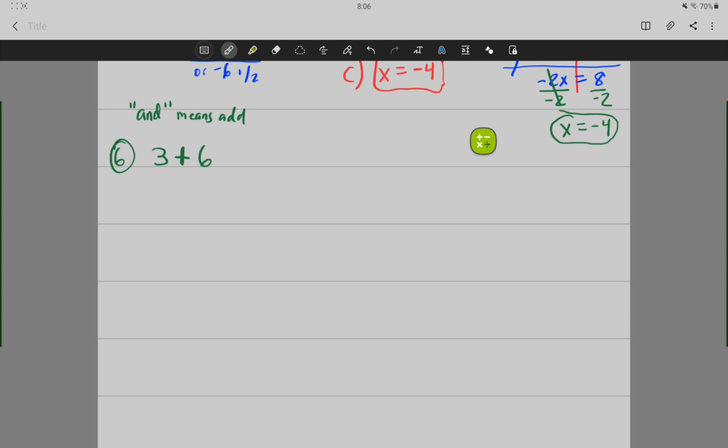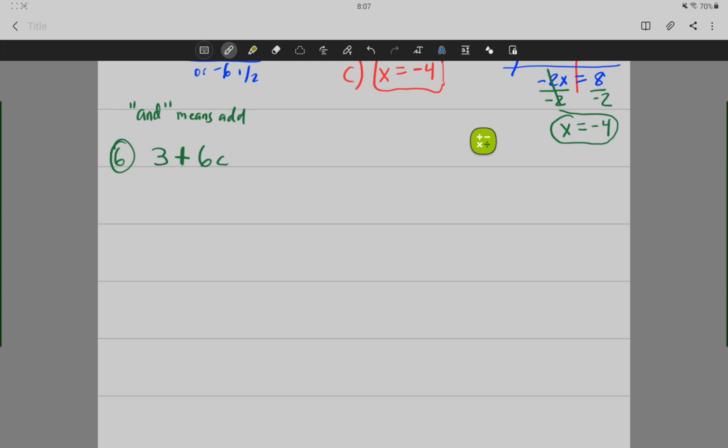Remember, a variable, a letter represents an unknown number. You can literally choose any of the 26 letters of the alphabet. It really doesn't make a difference. But since we're speaking about candy bars, let's just put C for candy. That's fine. But again, you could choose whatever letter you want. So 3 plus 6C.